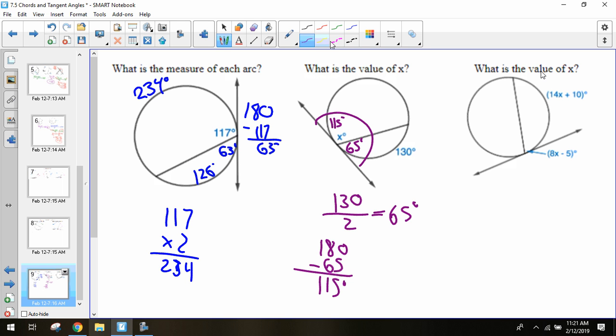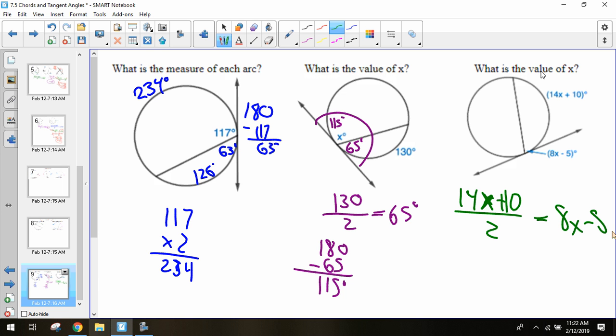So would it be (14x plus 10) divided by 2 equals 8x minus 5? So your arc divided by 2 equals your angle. That's how I would set it up. You could technically do 2 times your angle equals your arc. That's another way of going about it, but essentially it's the same thing. Now what would you have to do first though?